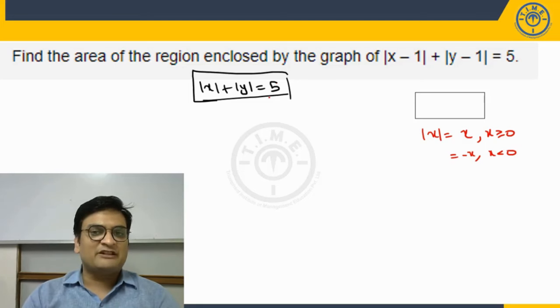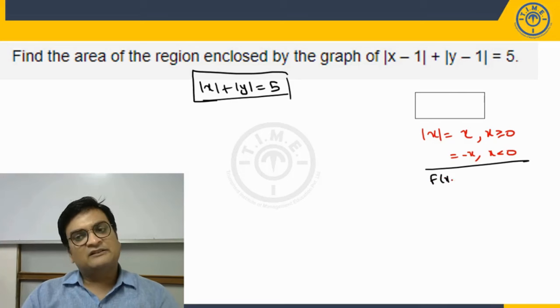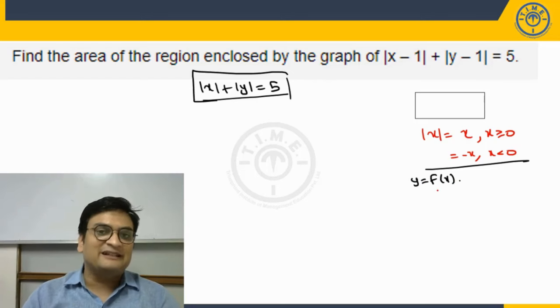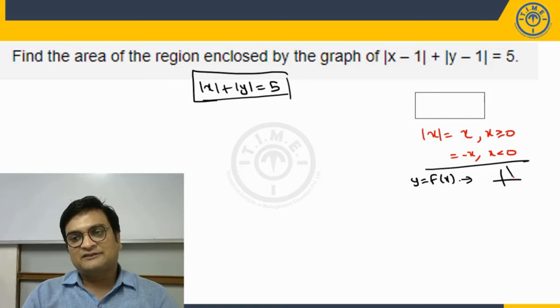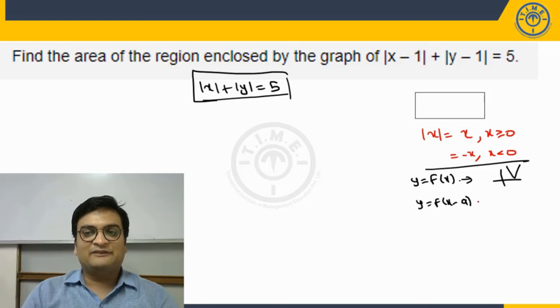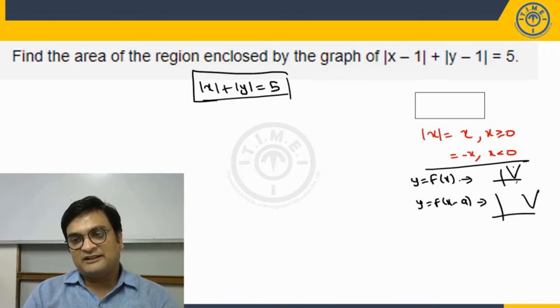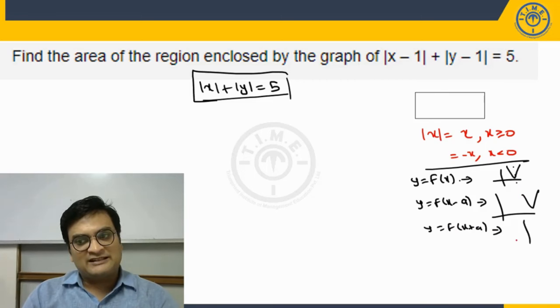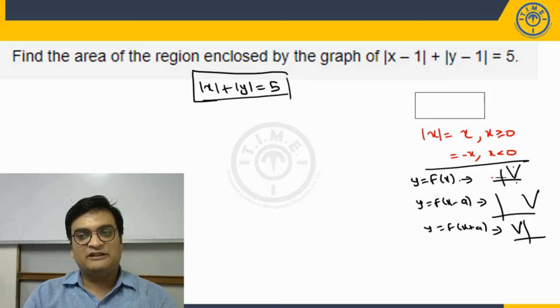What we mean by shifting of a curve is this: in your function y equal to f of x, if you replace x by x minus a, for example, and this is the curve for y equal to f of x, then y equal to f of x minus a will be the same curve, but shifted right by a units. Similarly, f of x plus a will be the same curve shifted left by a units.